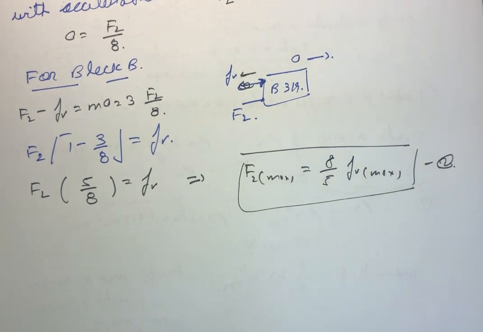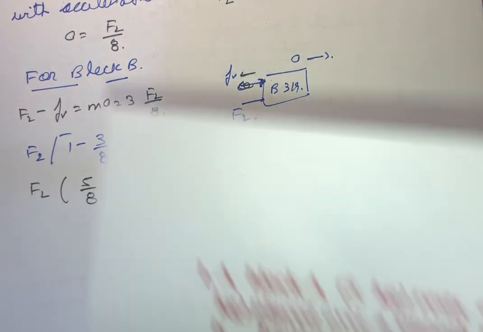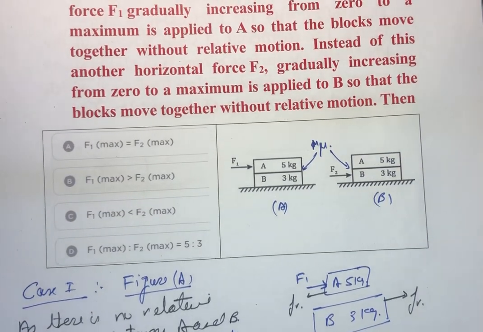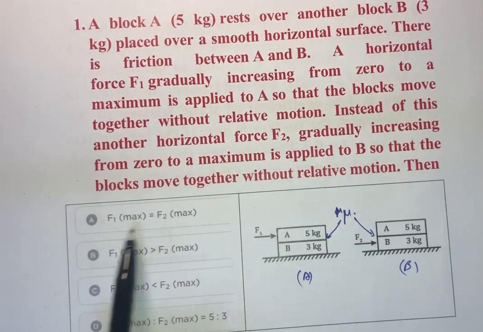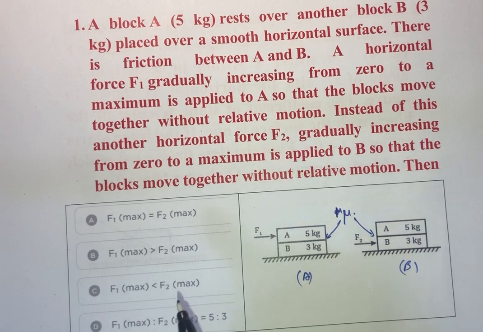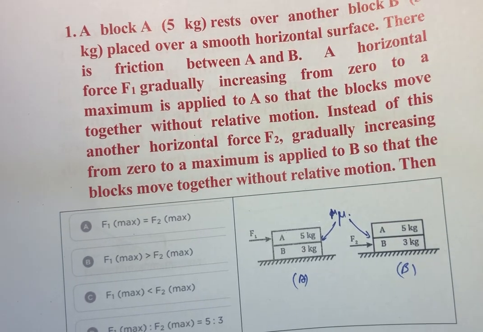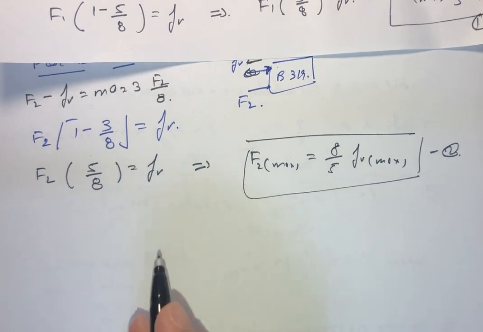Now we here have two options, rather 4 options. First, it states that both are equal, which is not possible. Either it will be greater than or smaller than. So if we compare F1 max and F2 max, let me write it here.